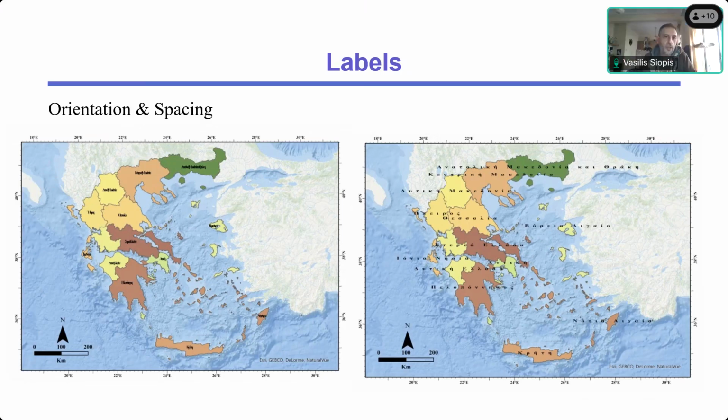I wanted to ask something regarding the orientation. For example, now we have the names of the regions. Do we have to keep the same orientation, for example, from left to right, or in the center, or from right to left, in any case?